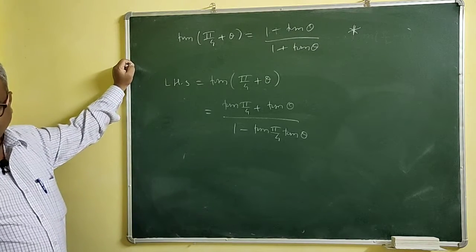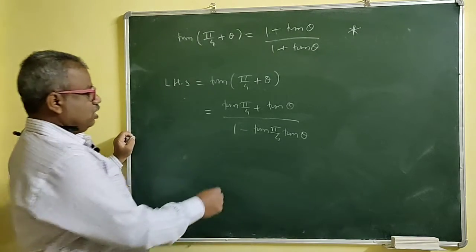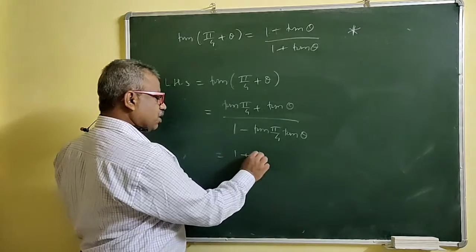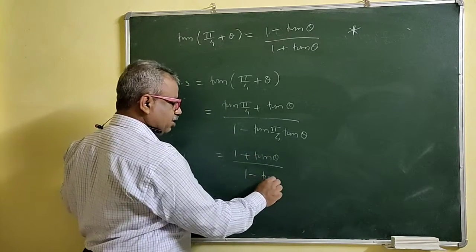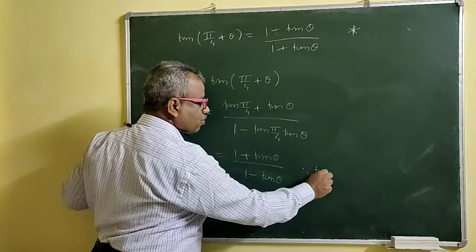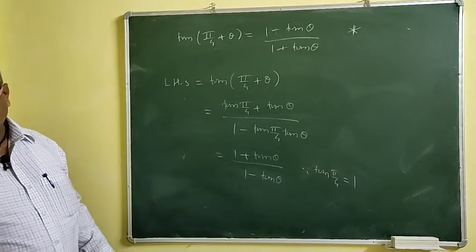Now put the value of tan pi/4. We don't know the value of theta, but we know the value of tan pi/4. Put this. What do we get then? 1 plus tan theta upon 1 minus tan theta, since tan pi/4 is equal to 1, it is 45 degrees.